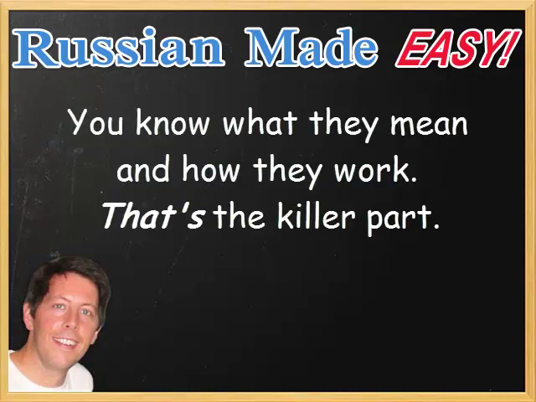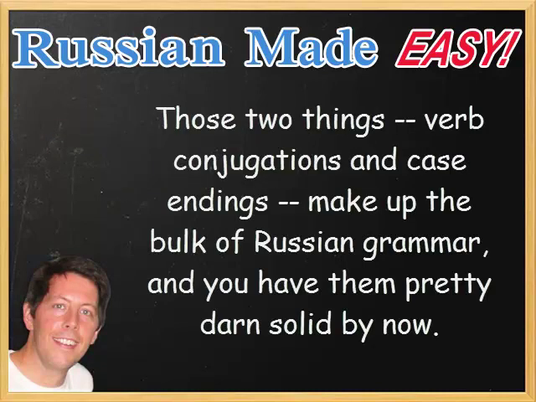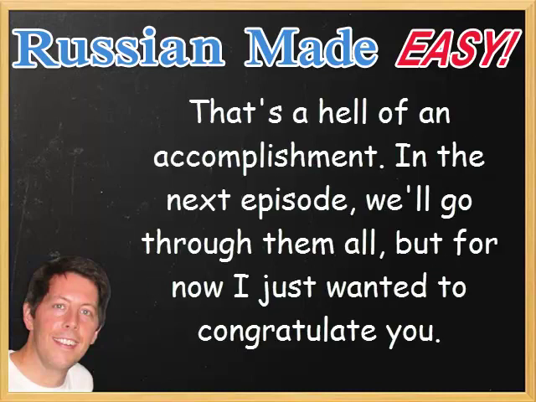You know what they mean and how they work, and that's the killer part. Those two things, verb conjugations and case endings, make up the bulk of Russian grammar, and you have them pretty darn solid by now. That's a hell of an accomplishment. In the next episode, we'll go through them all, but for now, I just wanted to congratulate you.